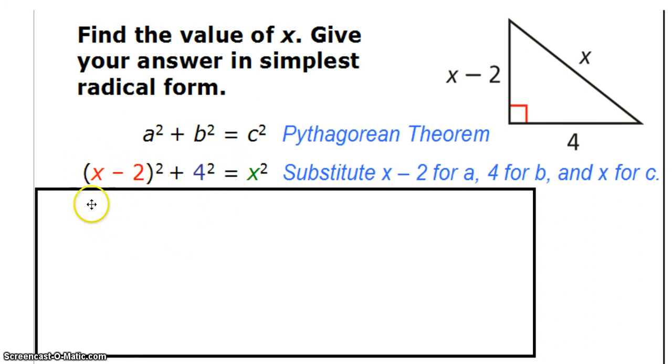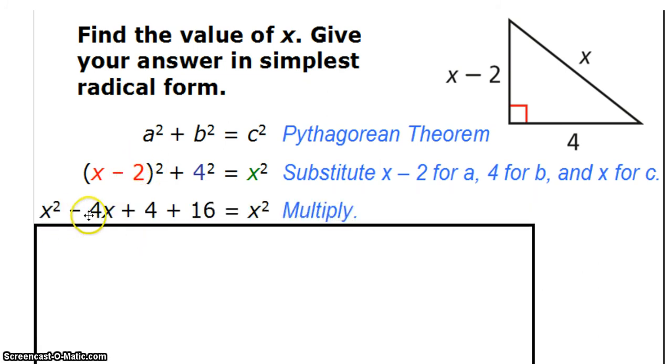Hopefully you remember that we end up with a perfect square trinomial. x squared minus 2 times ab, so that would be 4x, right? Plus b squared, which is 4. Good, x squared minus 4x plus 4, that's our square of a binomial, plus 16.